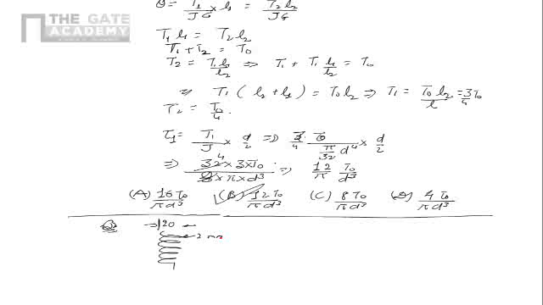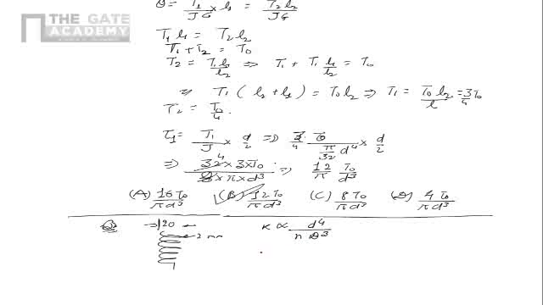So in this case we have to see that the spring stiffness is proportional to the fourth power of the diameter of the wire divided by n into the cube of the mean diameter of the spring.